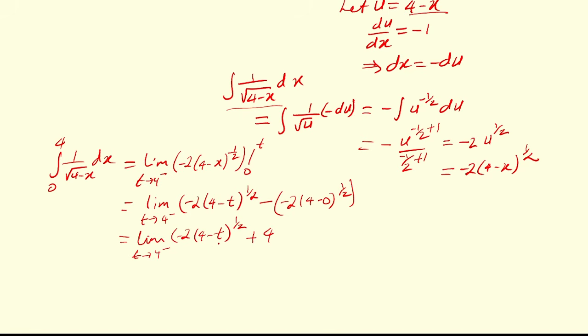Now when you substitute t by 4, the first term becomes 0. So the result will be 4. The limit exists, which means the integral is convergent.